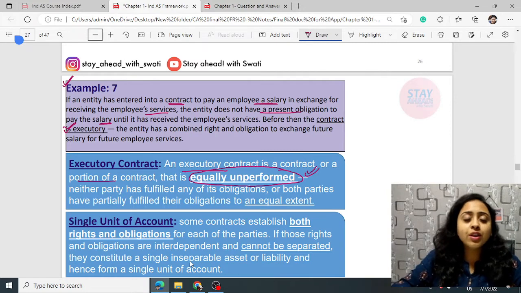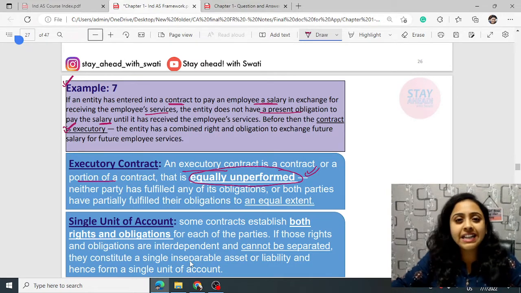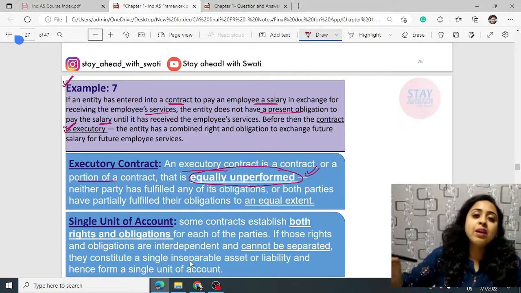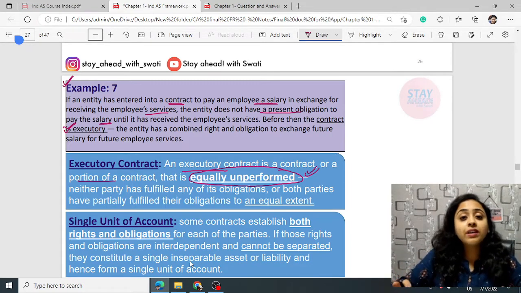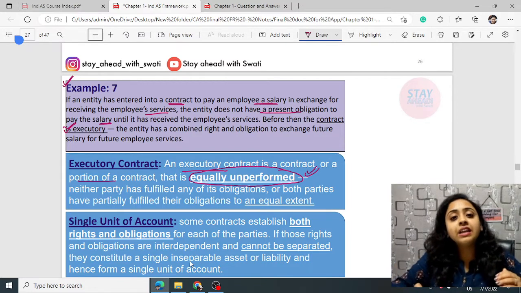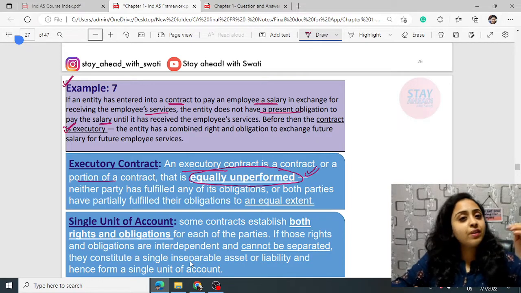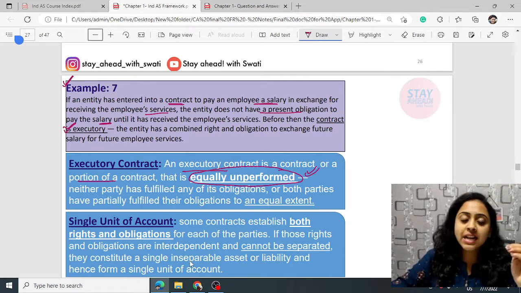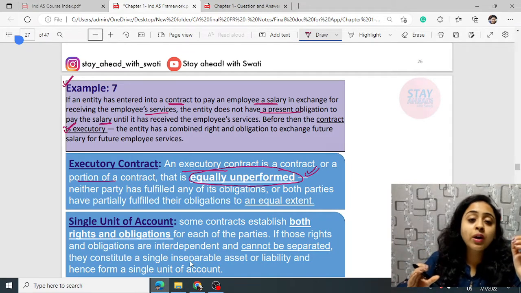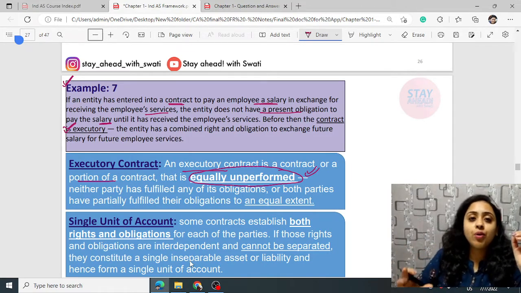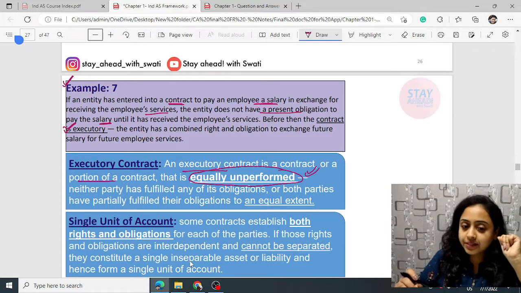So you have completed 25% of the work, and the party has paid 25% of the amount. This is what an executory contract is: 75% of the work is pending from your side and 75% of the payment is pending from your side. This is what an equally unperformed contract is, and therefore it is termed as an executory contract.